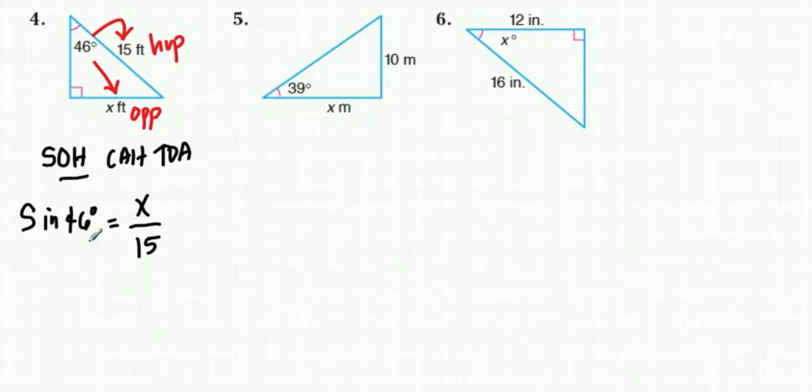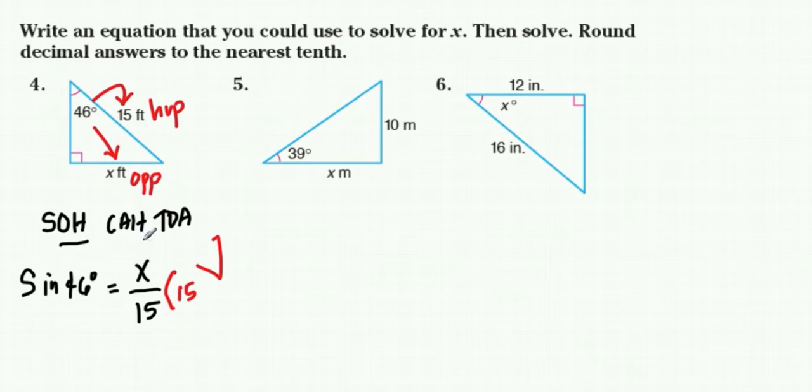From there, we solve for x. In order to solve for x, we multiply both sides by 15. Let me rewrite that. Multiply both sides by 15.